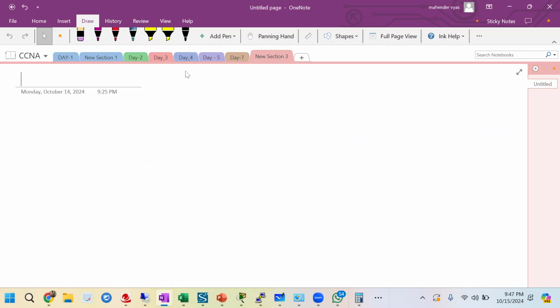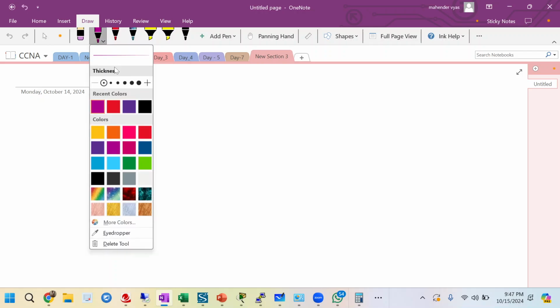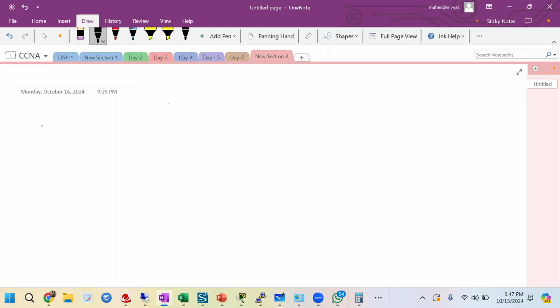Okay. So now we have done what is FLSM, right? So see, when you do FLSM, all the network addresses' subnet mask would be the same.